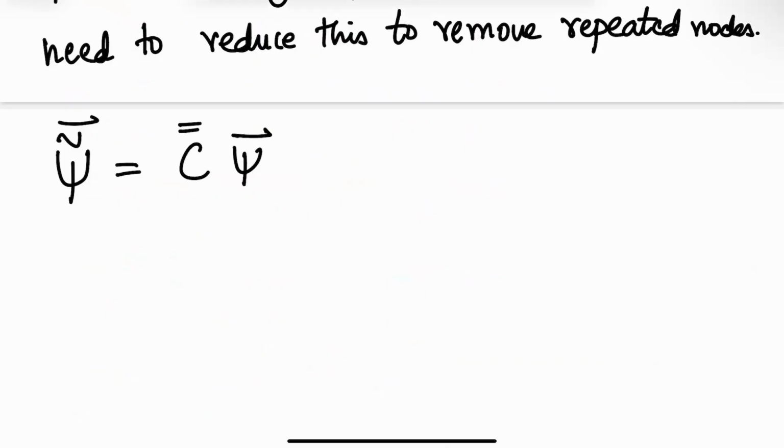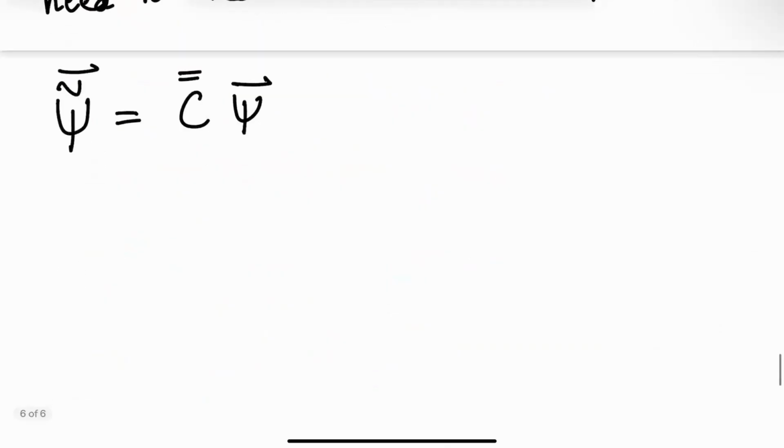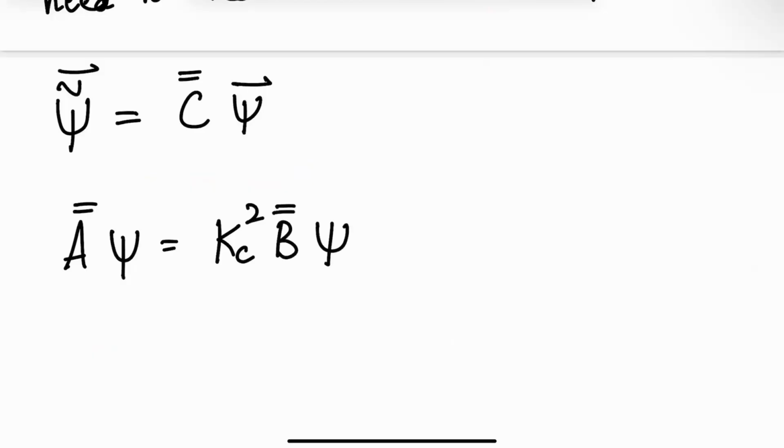You can get this quantity psi, which is a reduced form of psi tilde. Okay, so if I make this substitution into the equation above, then your final finite element eigenvalue problem is A psi equal to kc square B psi.